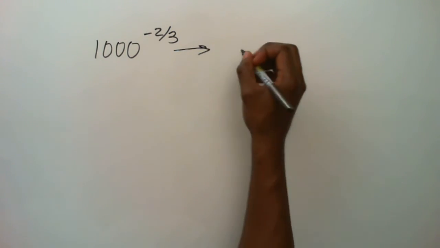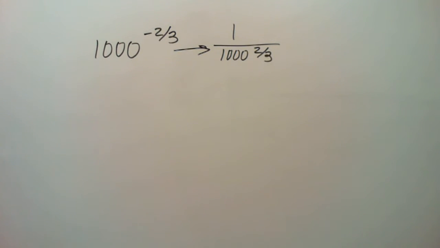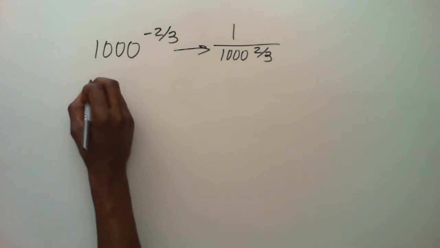To write the expression in the reciprocal, you want to write the problem as 1 over 1,000 to the positive 2/3 power. Next, I'm going to write the denominator as 1,000 to the 1/3 power raised to the second power.